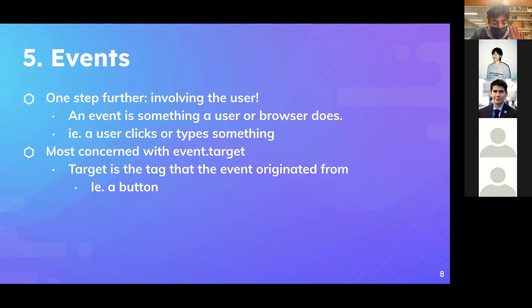And that is very important. Knowing where an event came from helps us to decode what we want that event to do. It helps us to write flexible and efficient code without losing information in the meantime. And again, I'll go more into detail about that.